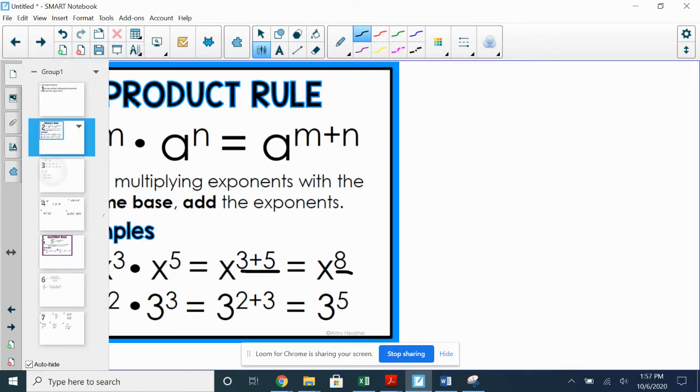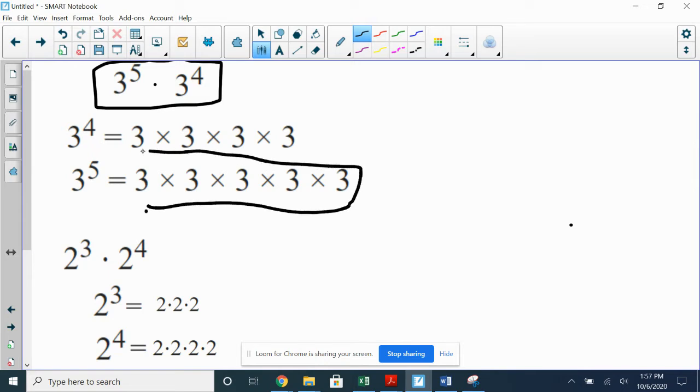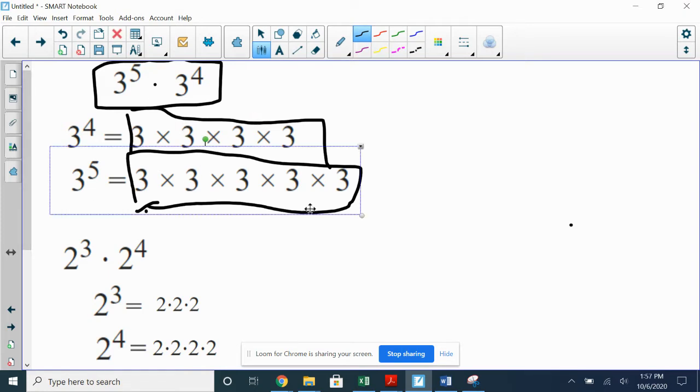So let me show you why this works. Let's say we had 3 to the power of 5 times 3 to the power of 4. We know when we were creating our expanded form that 3 to the power of 5 is 3 times itself 5 times. And we know 3 to the power of 4 is 3 times itself 4 times. Well, if I were to count all of these 3's up, I would have 5 and I would have 4.